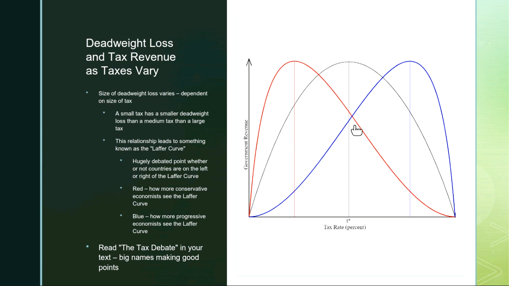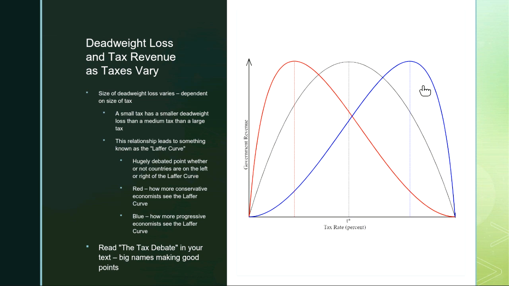More progressive economists see the Laffer curve as the blue curve, and that is the idea that actually no, quantity demanded is fairly inelastic, which means that the best way to generate revenue is not to count on the gains from trade at lower prices, but to gain revenue from taxing the already purchased goods at a higher rate.